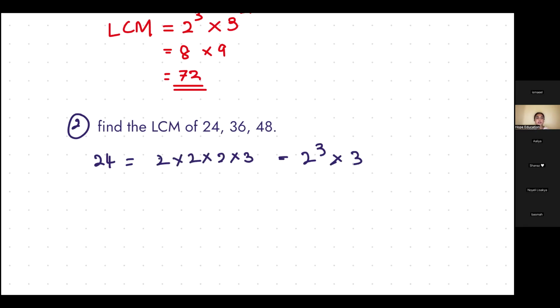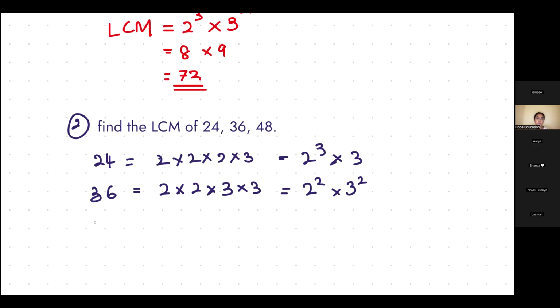Then if we write 36, that would be 2 times 2 times 3 times 3. That would be 2 to the power 2 times 3 to the power 2.